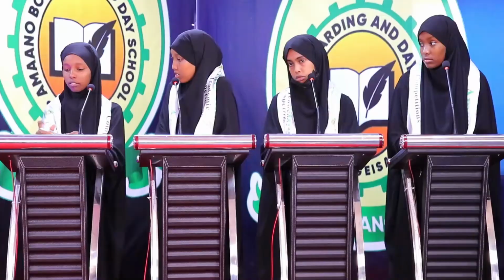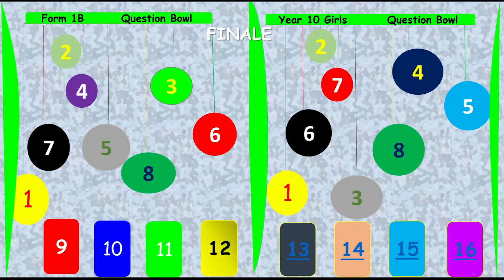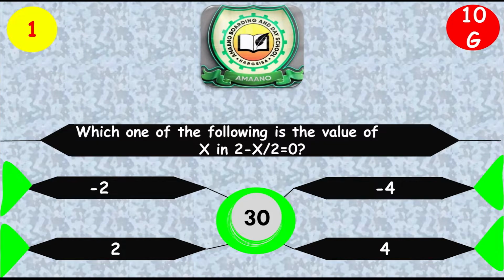Year 10 girls. Number 1. It's a math question. 2 minus x over 2 is equal to 0.